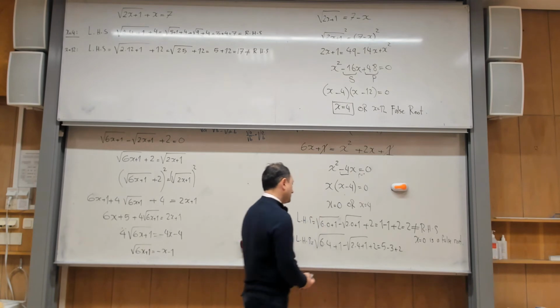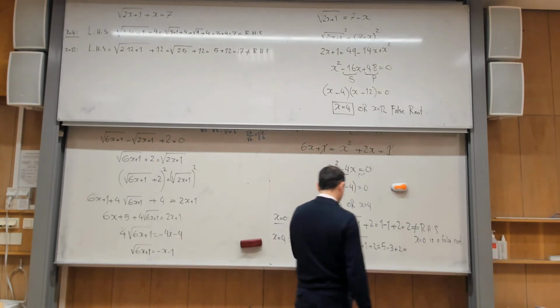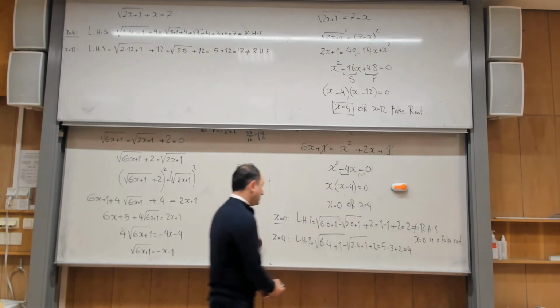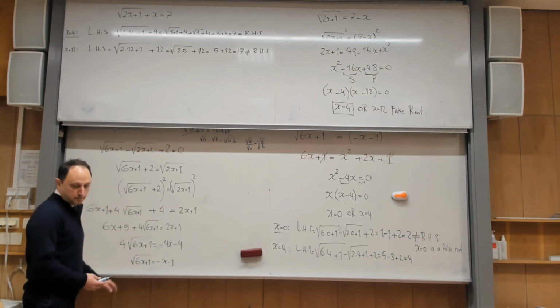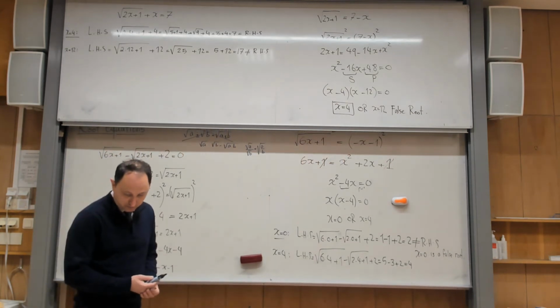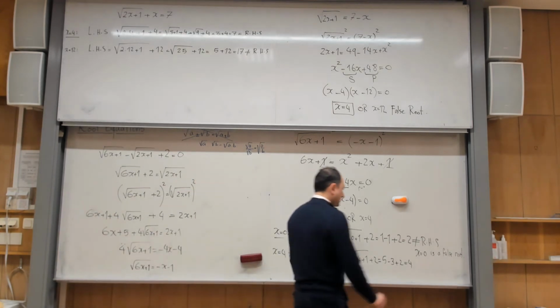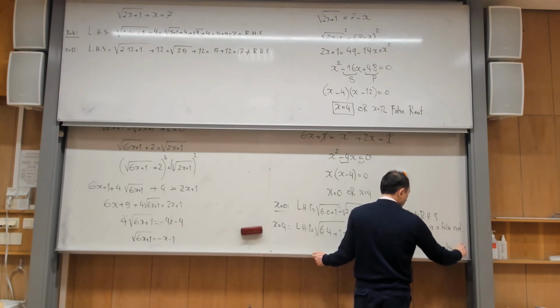So how is that possible? None of them are acceptable. So this is 2 plus 2, 4. Am I right? Did I make any mistakes? Let me see. The answer is in the book. Okay. That's correct. So none of them are solutions, yes? So you see that x equals 4 is also a false root.